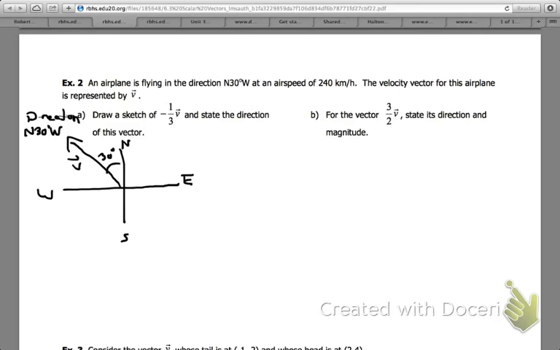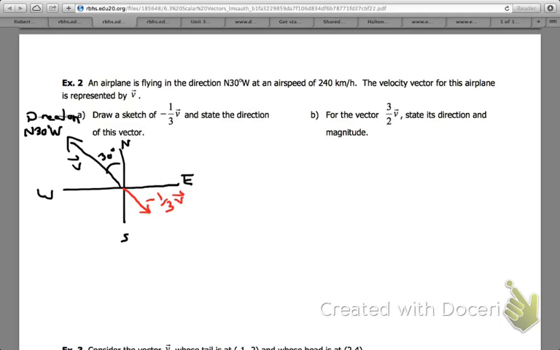Now, when we are looking at the negative, it's like a reflection. So it's going to be down in our quadrant here. And it's going to be 1/3 of our vector. So this here is negative a third of our vector v.